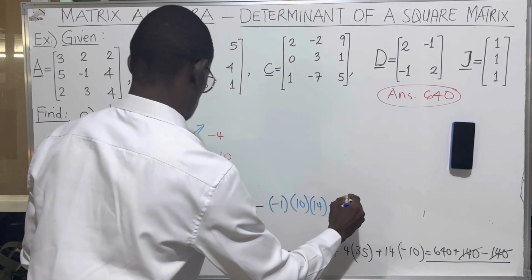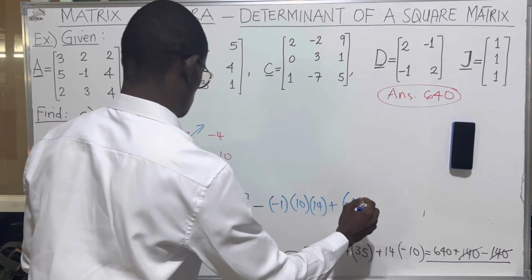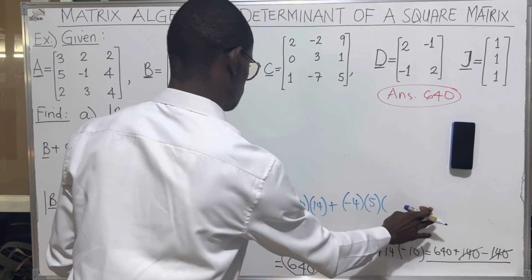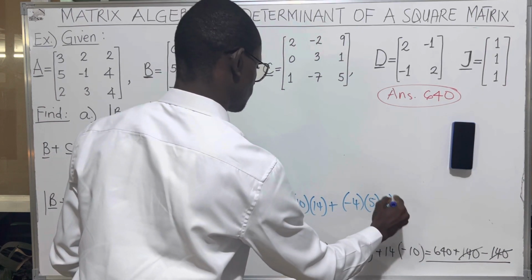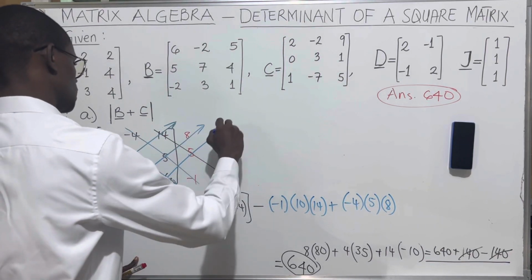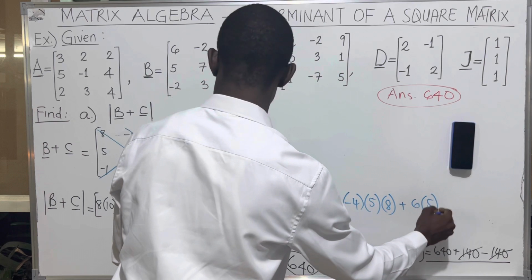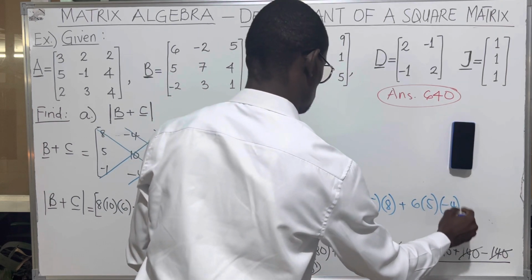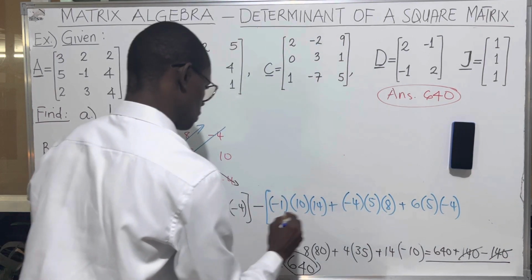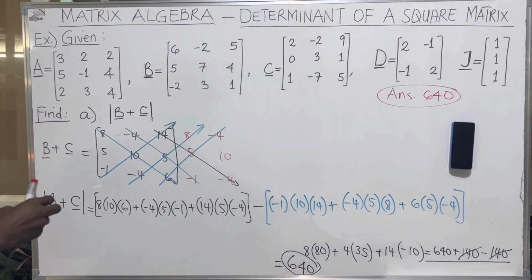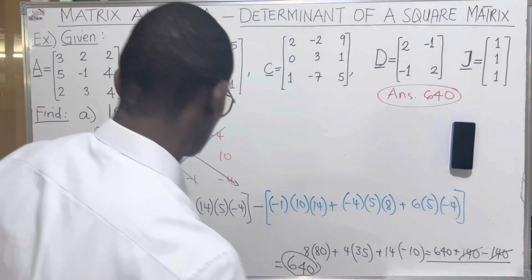Plus minus 4 times 5 times 8. We'll take the last portion. Plus 6 times 5 times minus 4. So this whole thing, we put it in brackets and we sum them up. So let's get our calculator.